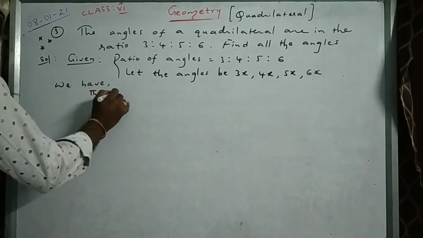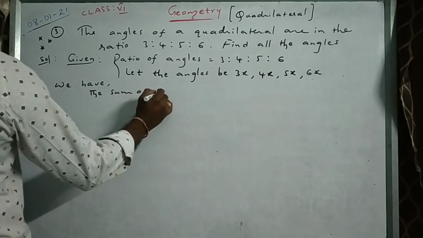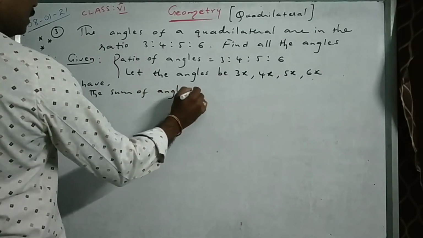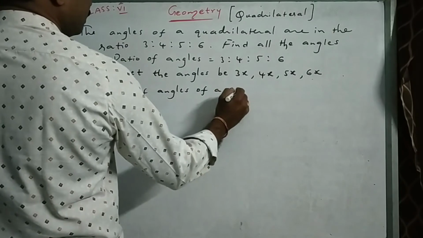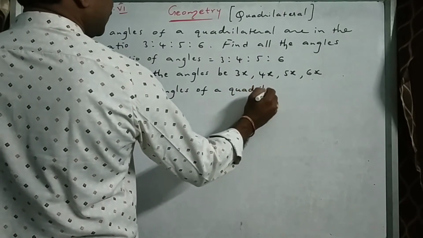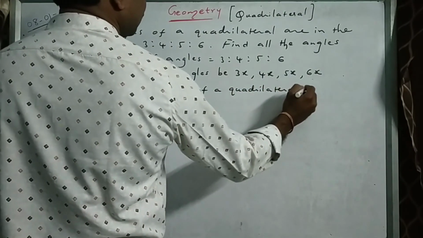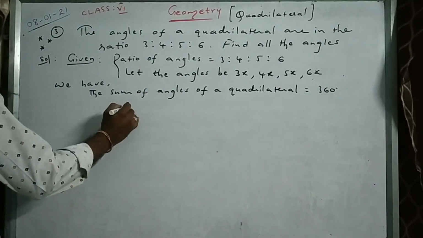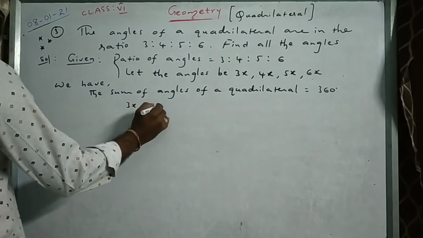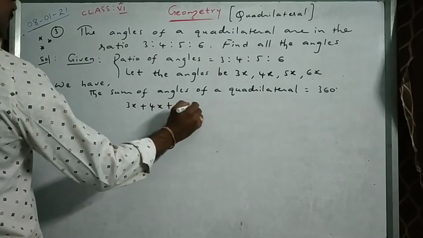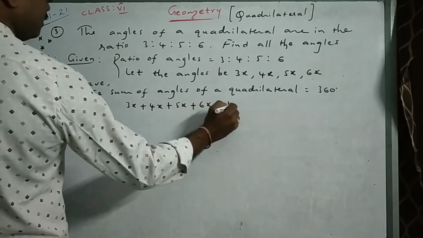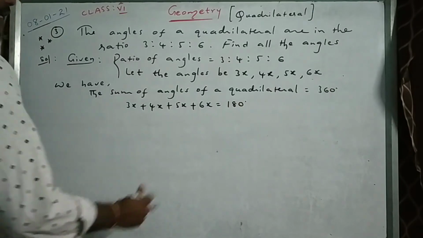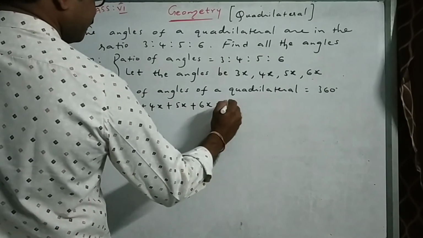The sum of angles of a quadrilateral equal to how much? 360 degrees. So add them: 3x plus 4x plus 5x plus 6x equal to 360 degrees.